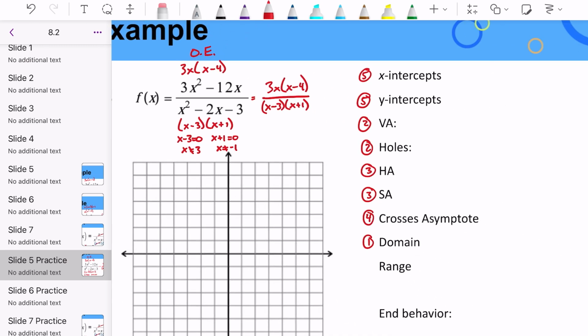So as we write down our domain, x such that x cannot equal negative 1 or 3. It's extremely important to realize that our domain can possibly change depending on some of the various answers that we find from this point forward.